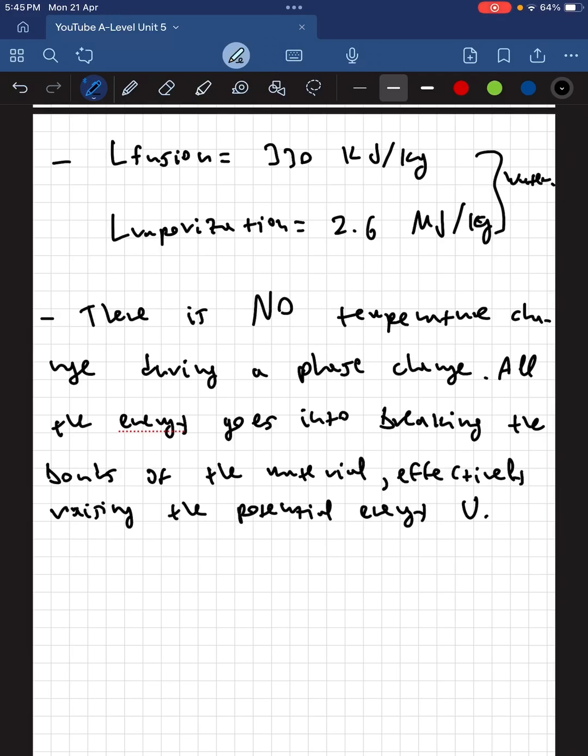Is there anything else I want to mention here? So when a liquid turns into a solid, there is no temperature change. So the water stays, for example, at 0 degrees Celsius until all water turns into solid. And the same happens at 100 degrees Celsius.